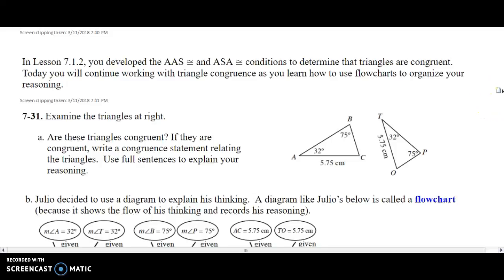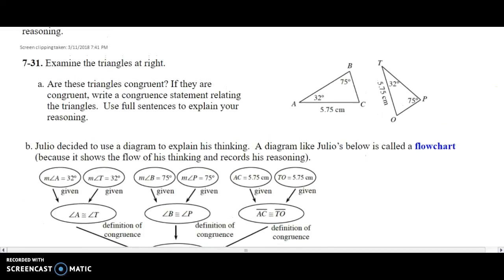So what I'd like you to do is to start out with 7-3-1, 7-3-1 A, and it gives you a couple triangles, and what you need to determine is, are they congruent? And if they are congruent, write a congruence statement relating the triangles.